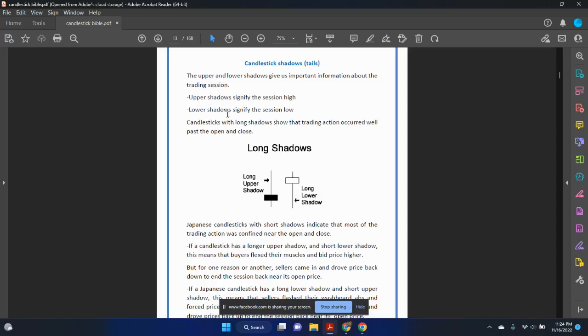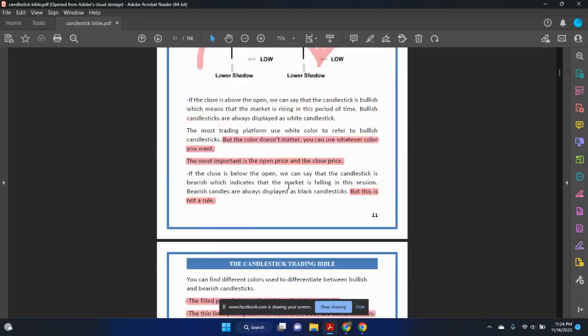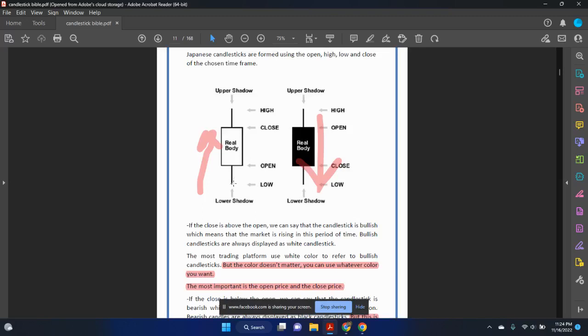The lower shadows signify the session's low. Candlesticks with long shadows show that trading action occurred well past the open and close. So if you go back to this example here, price opens here, it went up here, it even came down here from the opening, right? It went down from the open, but it ended up closing out bullish here.